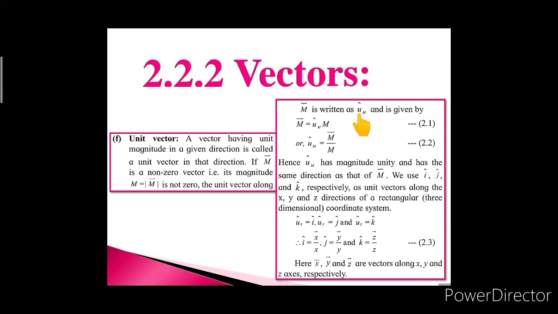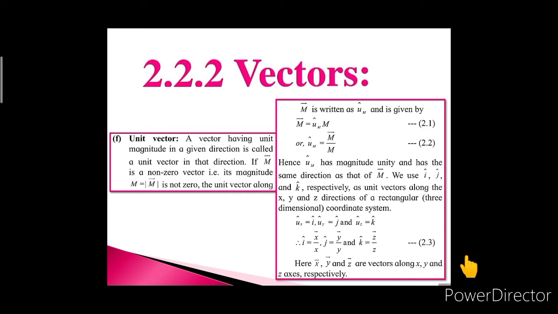Vector M is equal to unit vector times the magnitude of the given vector, and hence the unit vector M cap is given as the given vector divided by its magnitude. So the unit vector M cap has magnitude unity and has the same direction as the given vector M.